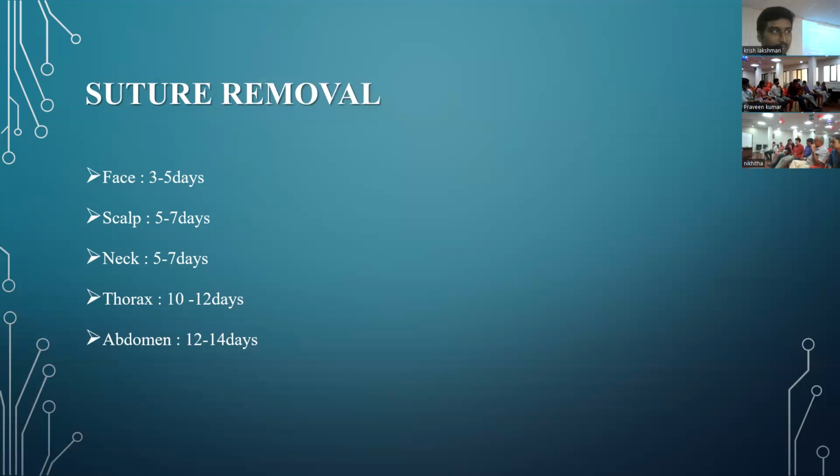The only thing we say regarding alternate removal: suppose there is a dilemma whether to remove all the sutures together or not. We try to remove alternate ones and see. If we feel that it is not healed, then we leave the rest. Another thing: suppose there is a collection, you flush it, so the sutures are still intact on either side, alternate.